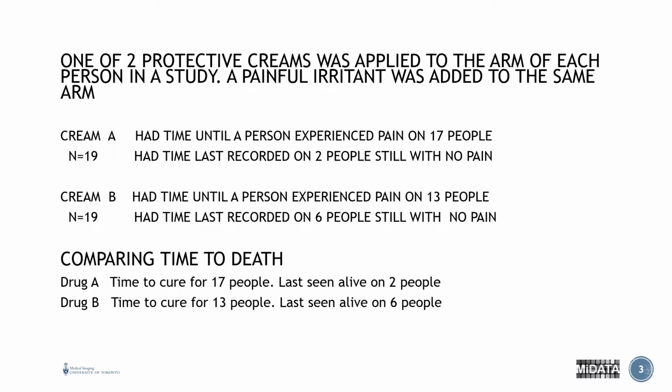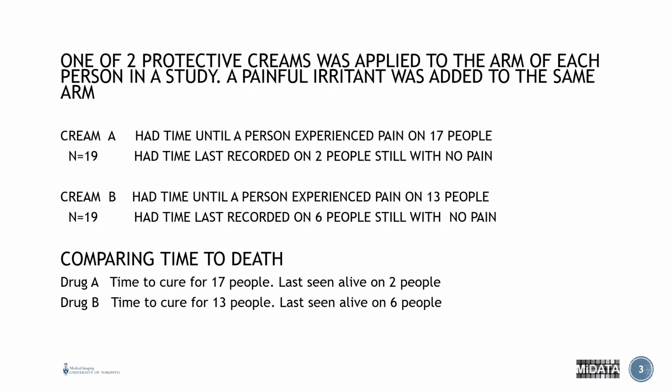But we do know that the longer we wait, the higher the chances are that they're going to feel pain, and we're actually interested in knowing how long that takes, or if the length of time would affect the effectiveness of the 2 creams.